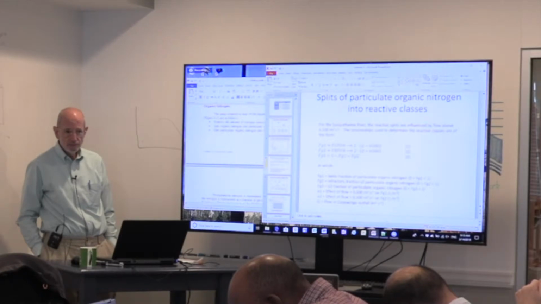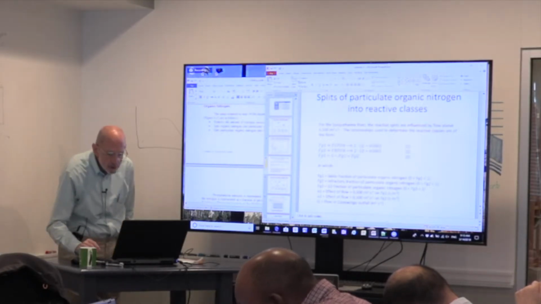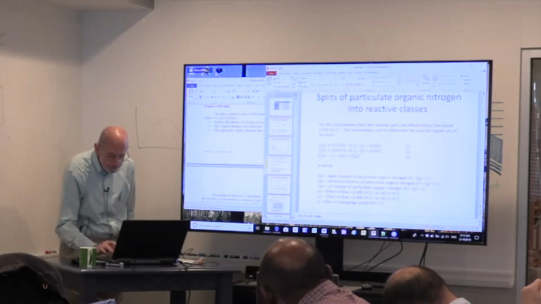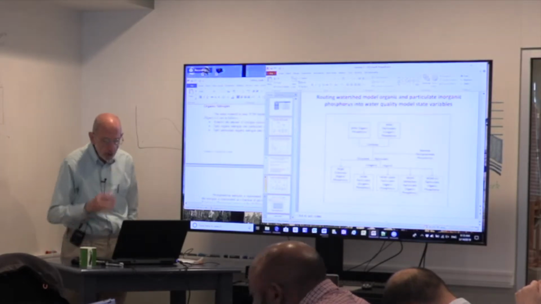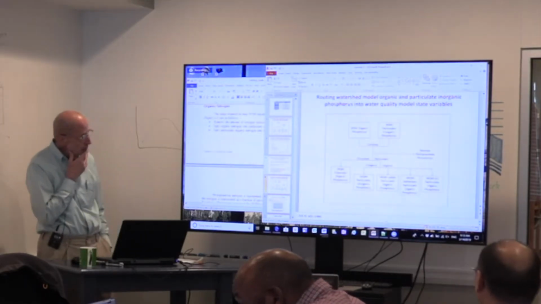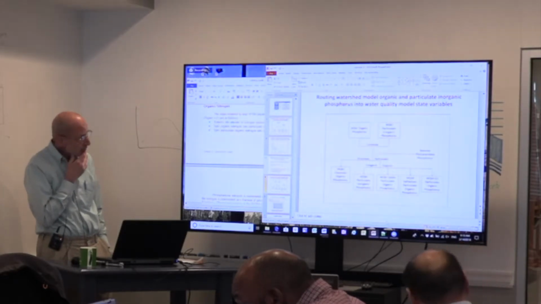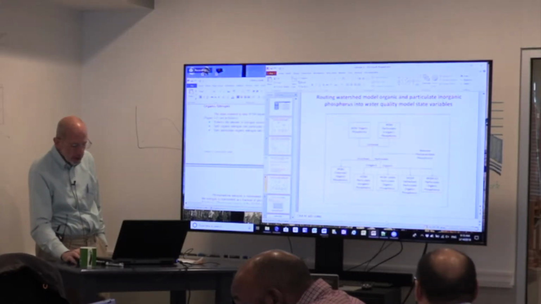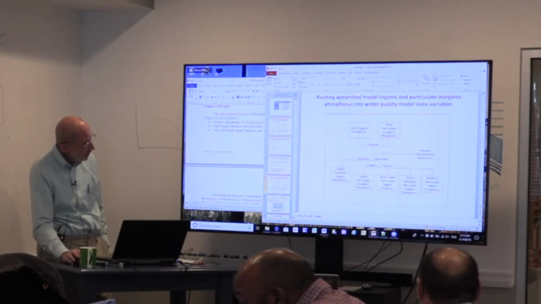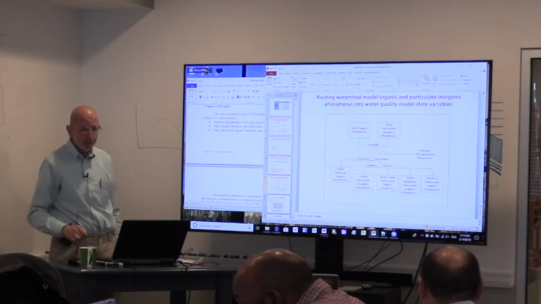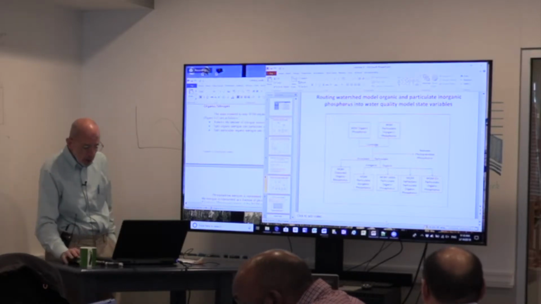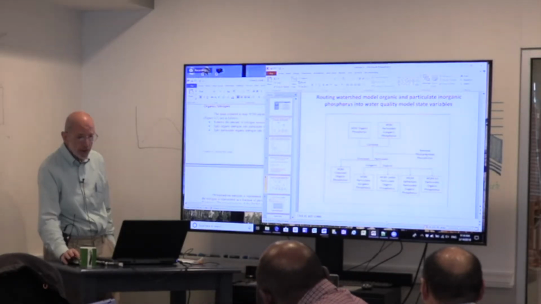Okay, next slide. Now we have to do a routing of phosphorus. As I mentioned, we take these two watershed model variables, the organic phosphorus and the watershed PIP, and we pool them. Then, as with nitrogen, we remove the phytoplankton phosphorus.